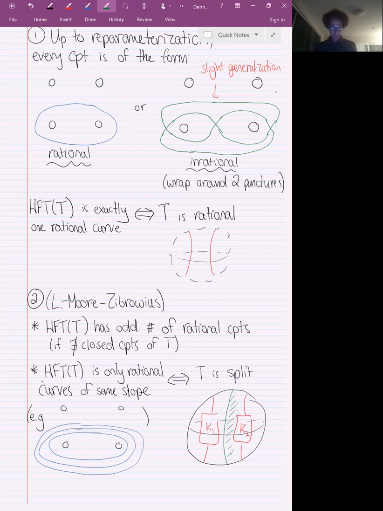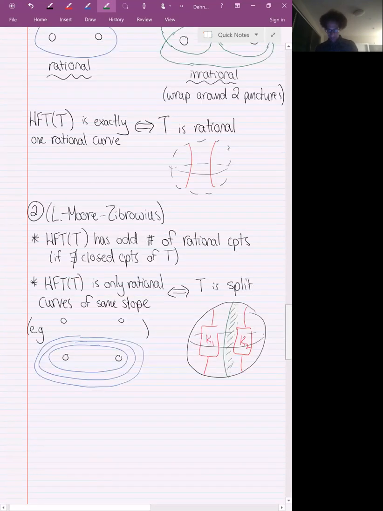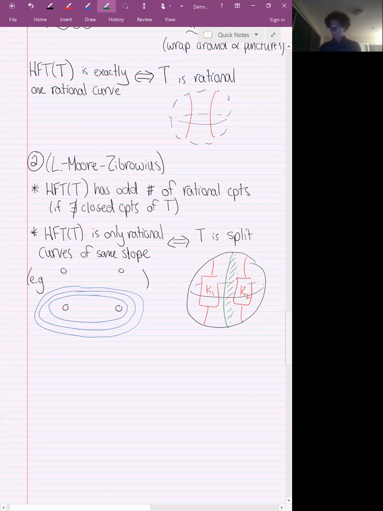And having only rational curves of the same slope actually guarantees that this sutured Floer homology is 0. And so you're working with a sutured manifold which is not taut, and you can use that to find the compressing disk. So that's the key topological input that we need.